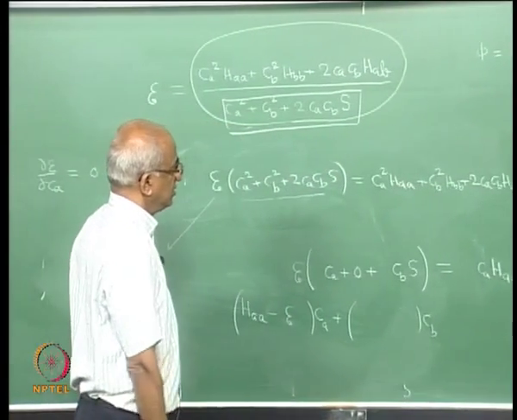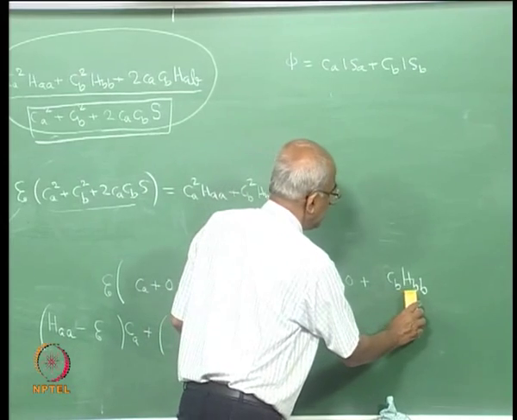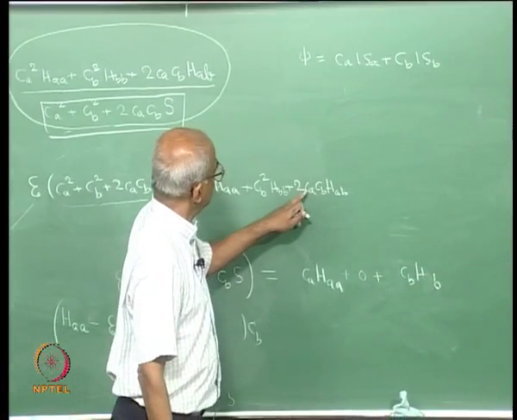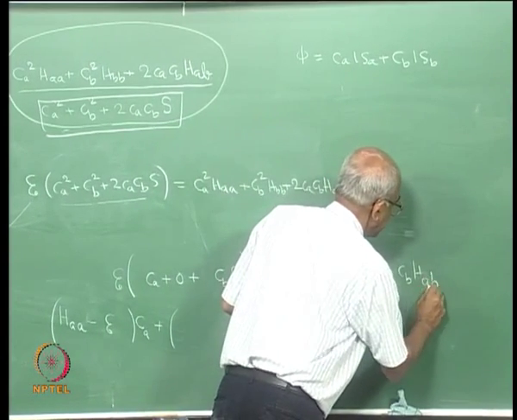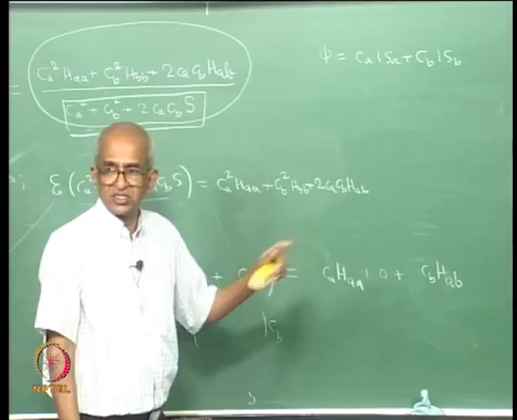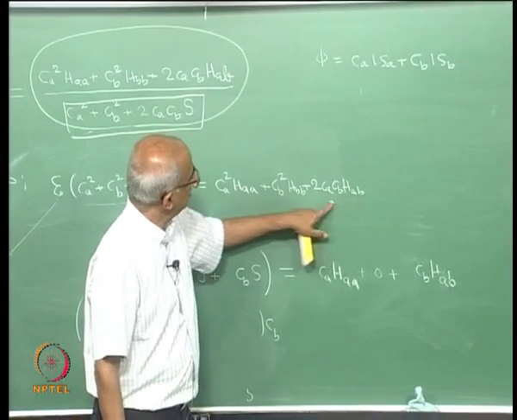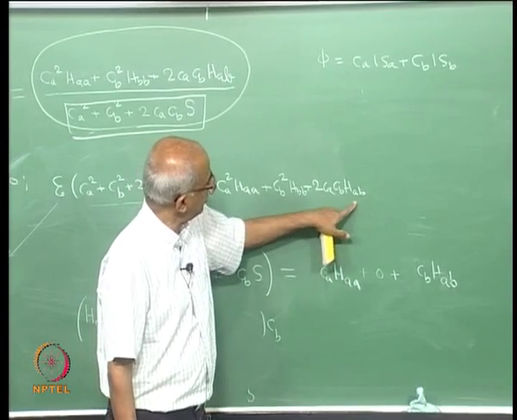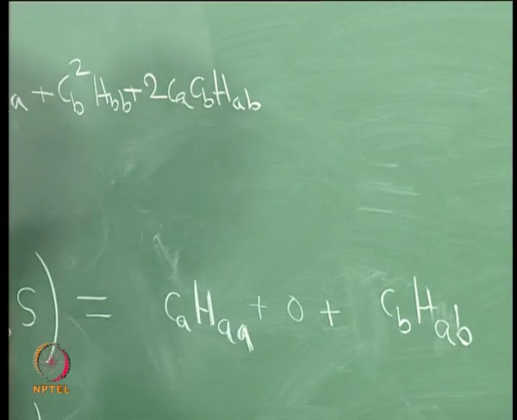Okay, there is my mistake. You are differentiating this with respect to CA, and the answer should have been CB HAB, not HBB. Right, this term gave you the answer 0, while if you had this term, if you differentiated that, you will get CB times HAB.